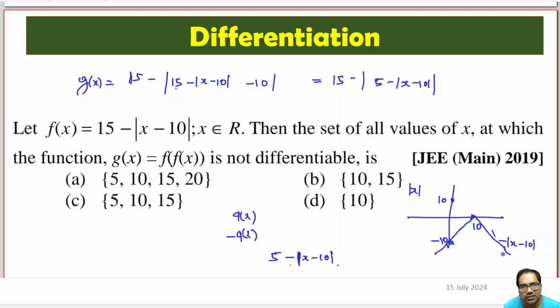We have to shift this graph 5 units upwards. That means this point, the entire graph will shift 5 units upwards. So this becomes minus 5, and this becomes plus 5. This becomes plus 5.